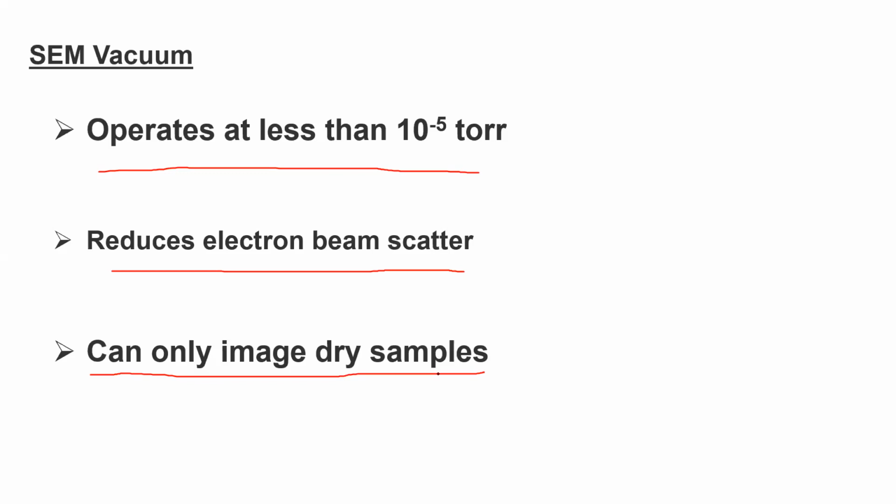So in order to overcome this disadvantage of the SEM, which can image only dry samples, an alternate SEM has come into the picture, which is nothing but the environmental SEM.